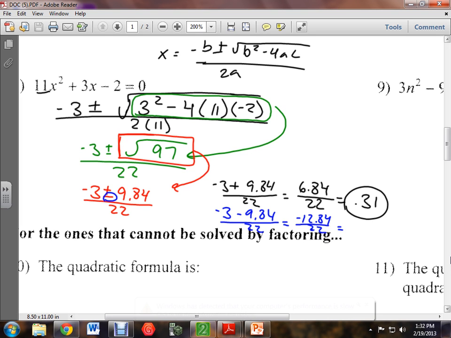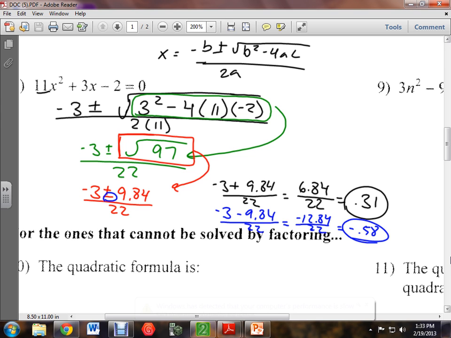I think you might have done it upside down. Negative 12.84 divided by 22. Got negative 0.58. That's what I was guessing. Thank you. Negative 0.58 would be the second answer. So we have positive 0.31 and negative 0.58.